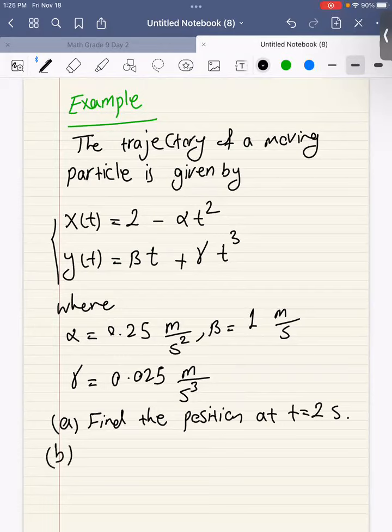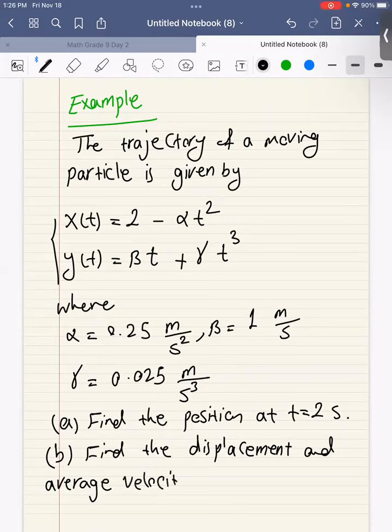B: find the displacement, which basically means delta R in our language, and the average velocity in the time interval t equal to 0 to t equal to 2 seconds.